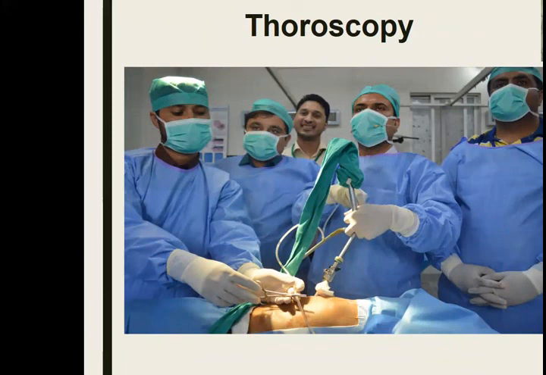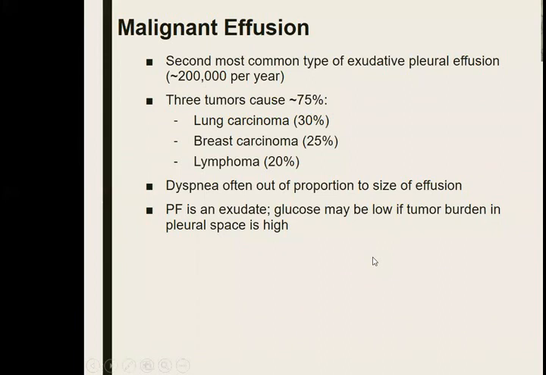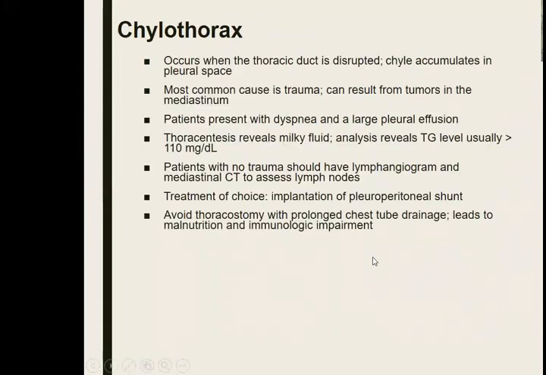It's very similar to pleuroscopy; the only difference is that pleuroscopy uses a semi-flexible instrument, and this is done with a rigid instrument. With this, it is not only diagnostic but also therapeutic: you can break the adhesions, remove a large amount of fluid, and do pleurodesis. So I think I will stop here.